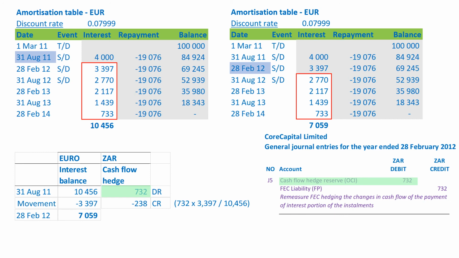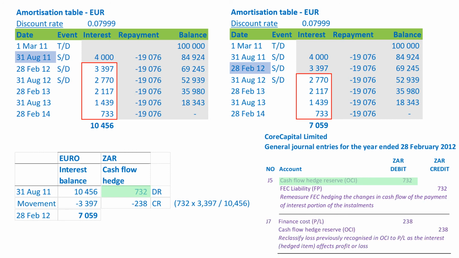If you said that the debit entry will be FEC liability, you are incorrect. The debit entry will have to be finance cost, and this will go to profit or loss. The balance of your cash flow hedge reserve as of 28 February 2012 will be 494.